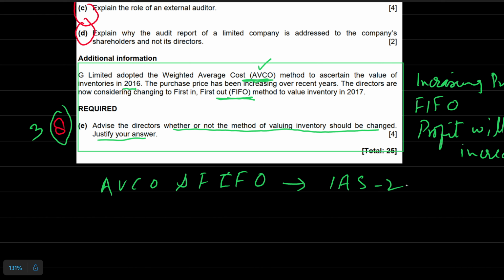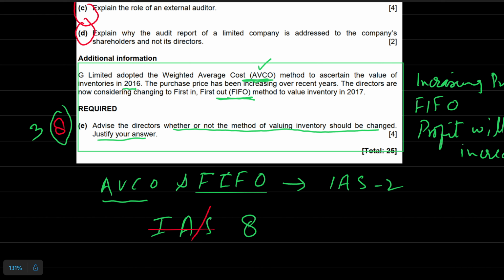But a change in accounting policy from AVCO to FIFO just because profit will be increased is not allowed by IAS 8. So IAS 8 will not allow us to change because there is no justifiable reason.